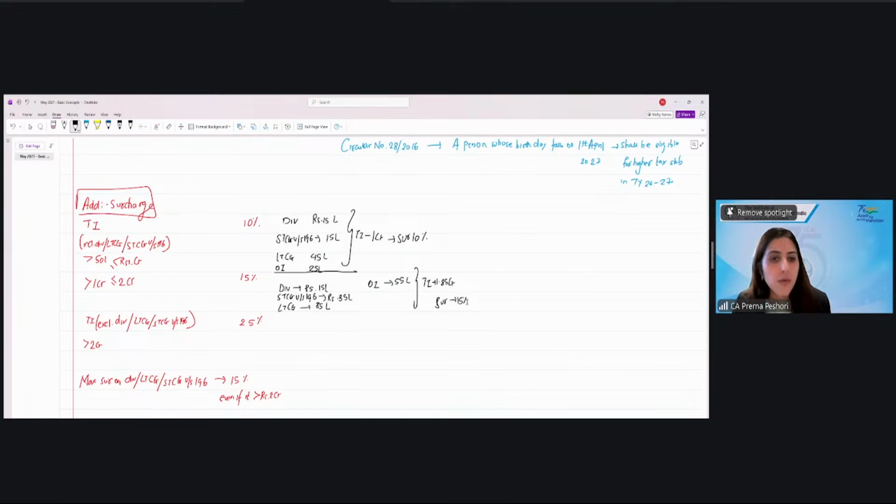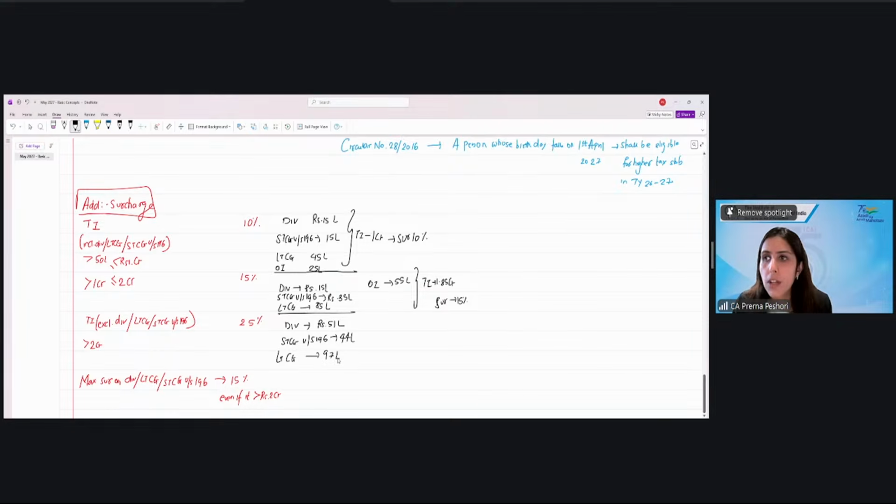Then my surcharge is 15%. Let us take one more example. Let us say my dividend is 51 lakh, my short-term capital gain under 196 is 44 lakh, and my LTCG is 97 lakh.